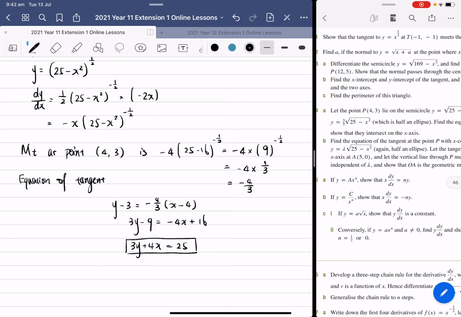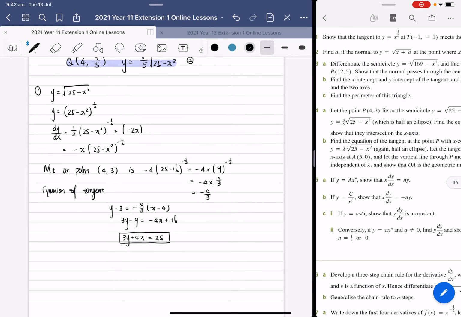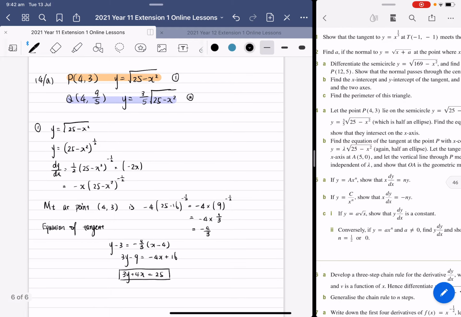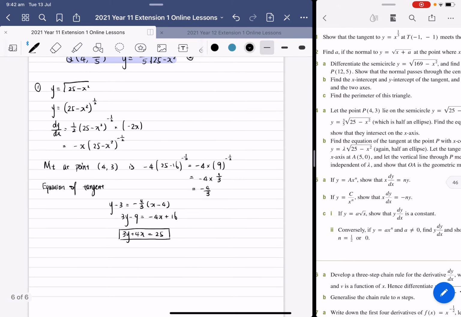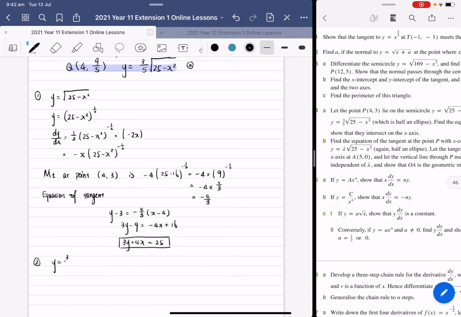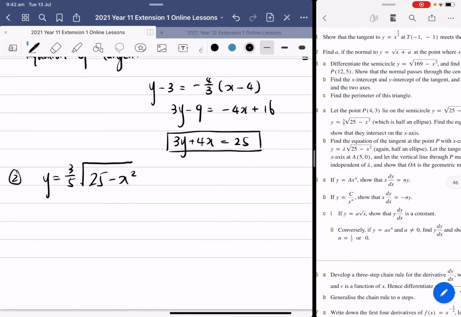Once you finish that, all you have to do is repeat the same process for part 2: find the equation of the tangent for the second function at point Q. So let's start with that. Part 2: y is equal to 3/5 square root of 25 minus x squared. We first need to simplify this: (25 minus x squared) to the power of half.